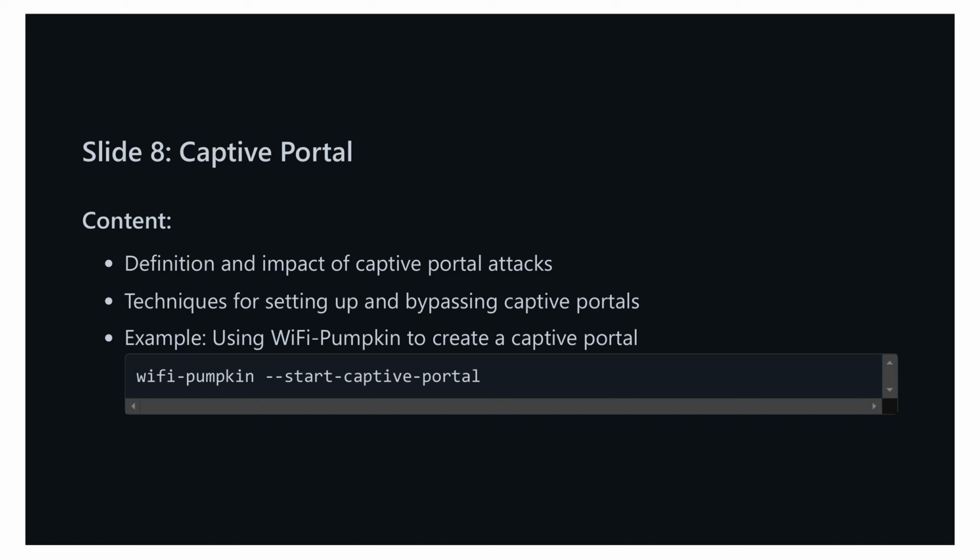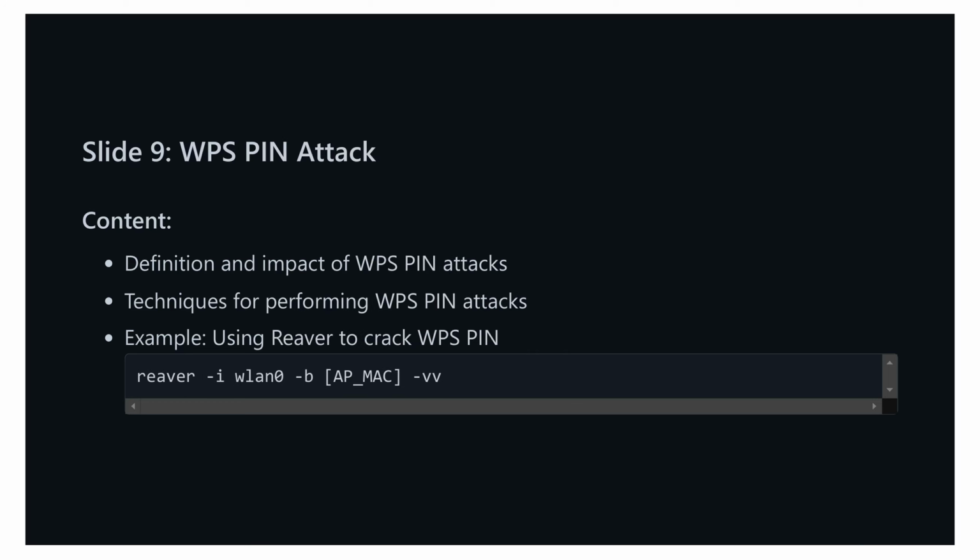In our next slide, slide 9, we'll dive into WPS PIN attacks, their definition, impact, and techniques, including an example of using Reaver to perform such an attack. On this slide, we're diving into the world of WPS PIN attacks. Wi-Fi Protected Setup, WPS, is a network security standard that allows easy connection of devices to a wireless network. However, one major vulnerability is the WPS PIN attack.